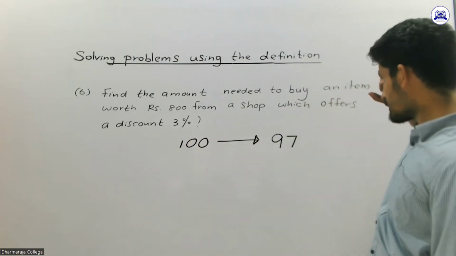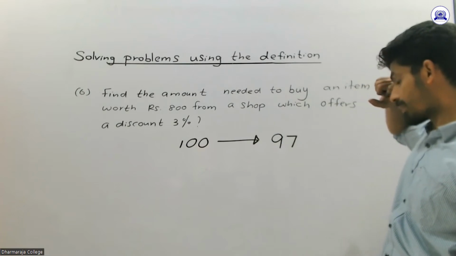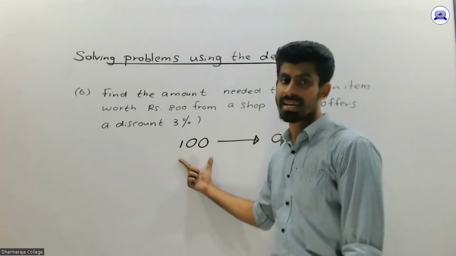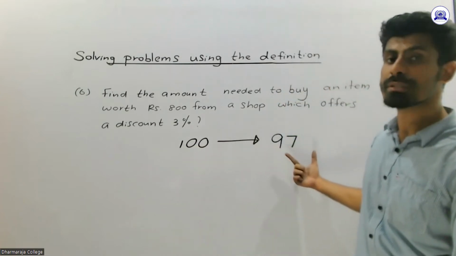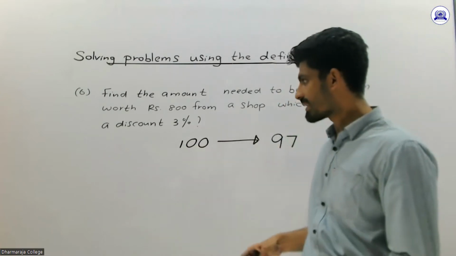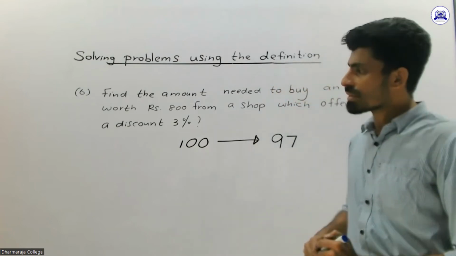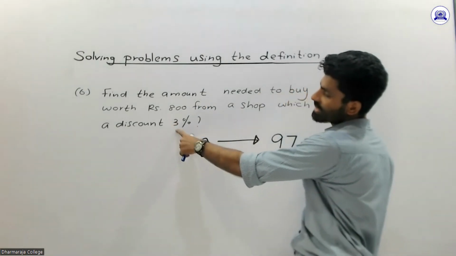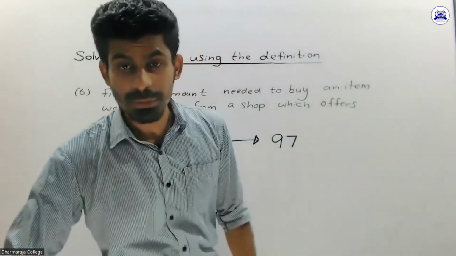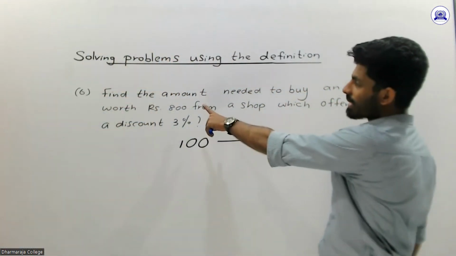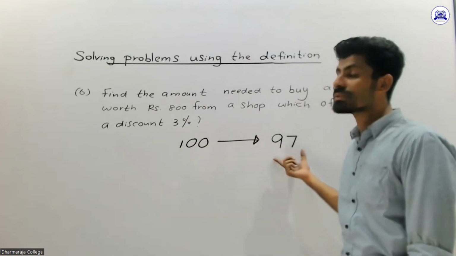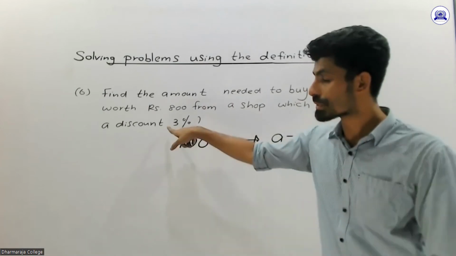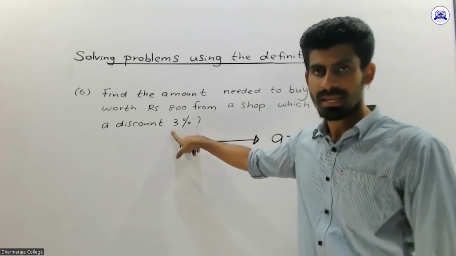So find the amount needed to buy an item worth 800. 100 rupees equals 97. What is the reason for that? You need to consider the 3% discount.